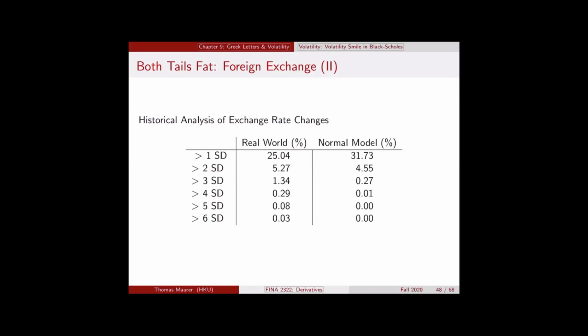And then finally, any realization within 1 standard deviation around the mean: if we take 100% minus all these probabilities, that's about 68%. If you do it on the normal distribution, we see that it should be about 64%. So again, in reality, we have too many realizations which are close to the average exchange rate realization than under a normal distribution.